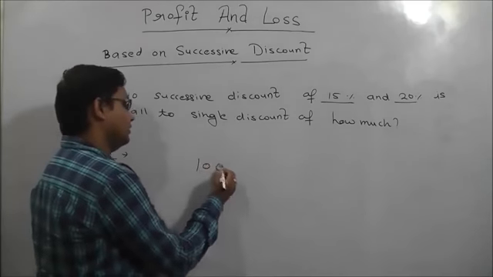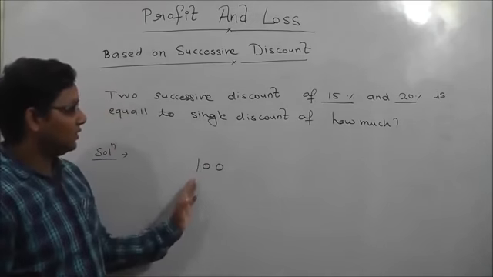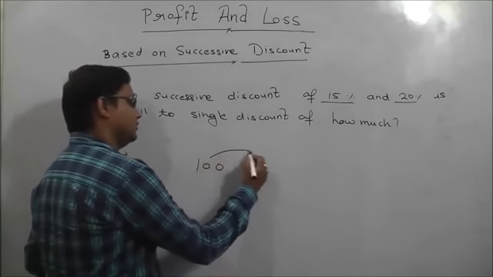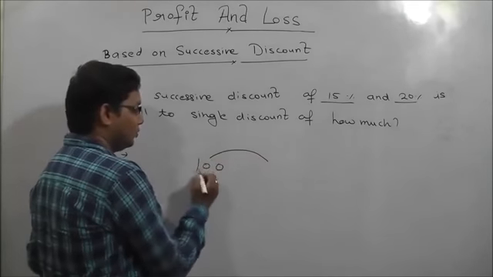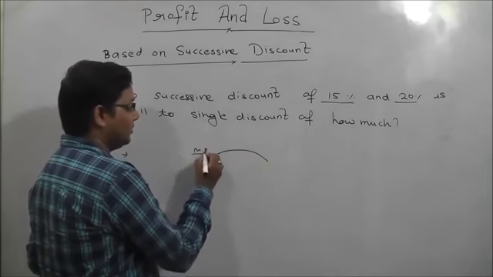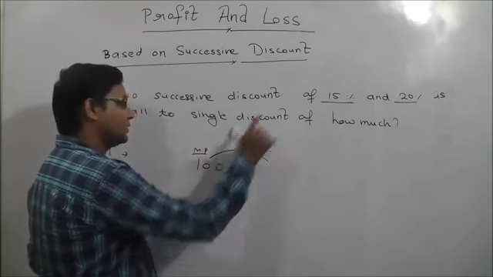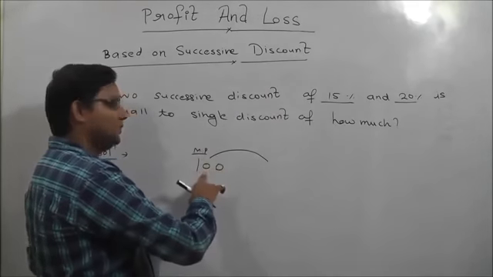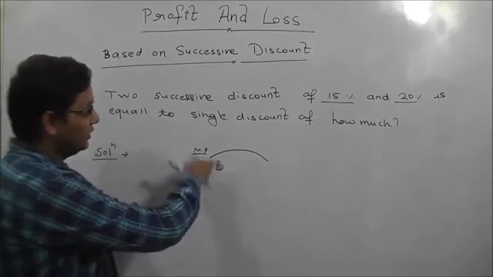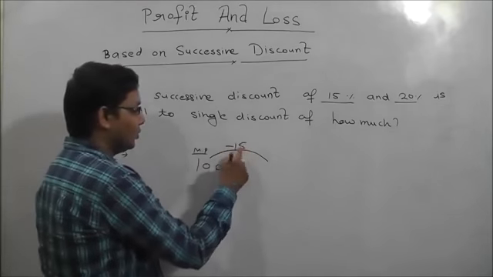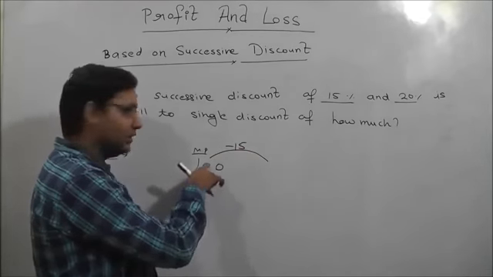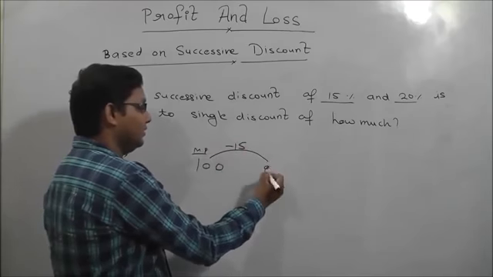Suppose the mark price is 100. The first discount is 15%. 15% of 100 is 15, so minus 15. 100 minus 15 is 85.